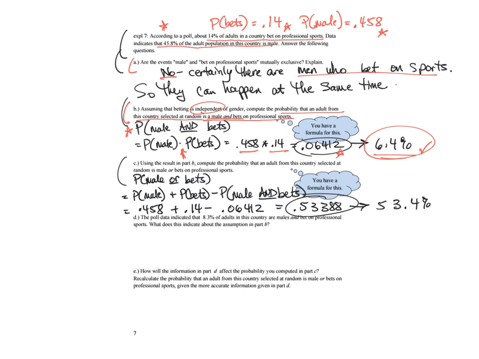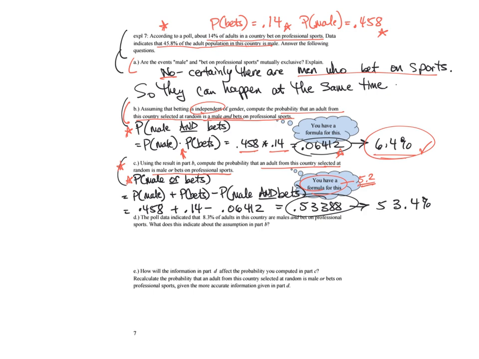All right, now let's do C. Using the result in part B, compute the probability that an adult selected at random is male or bets on sports. Here is my starting point, and I have a formula for that which comes from 5.2.